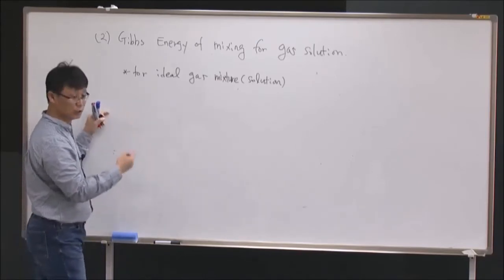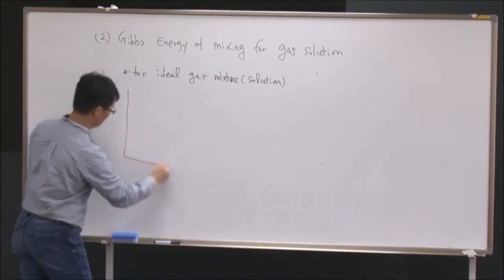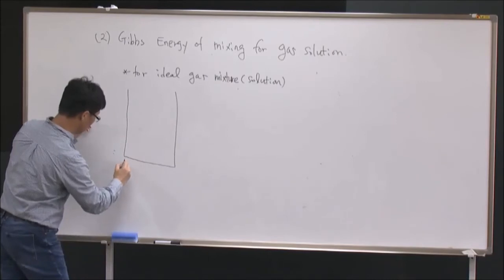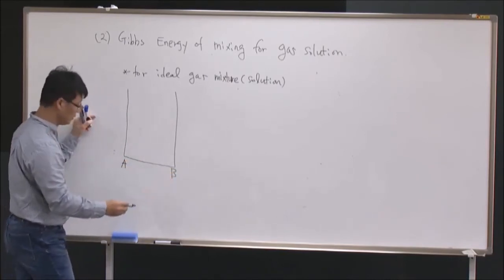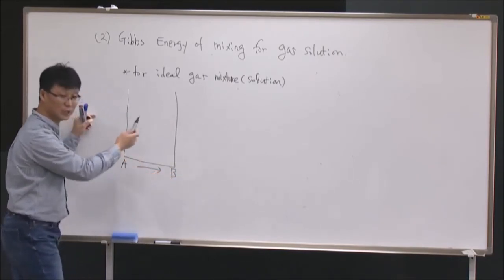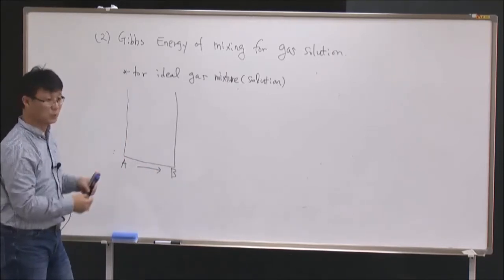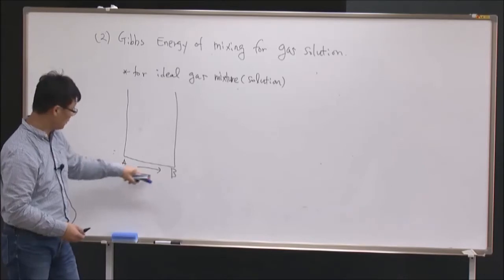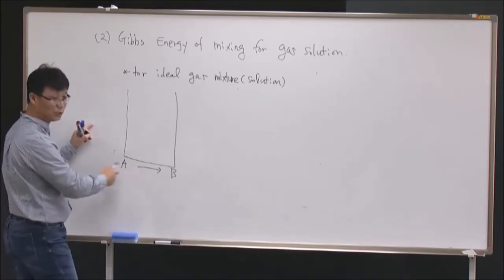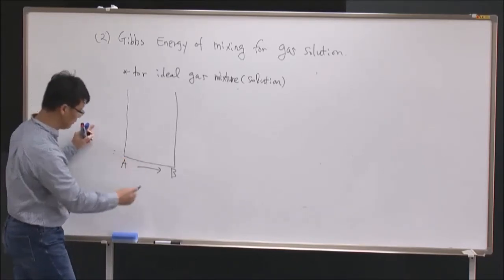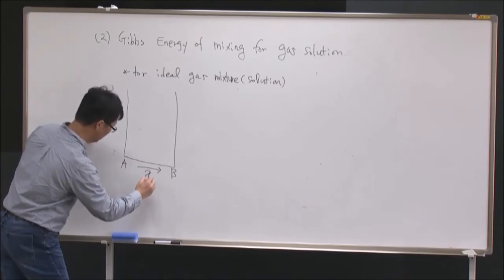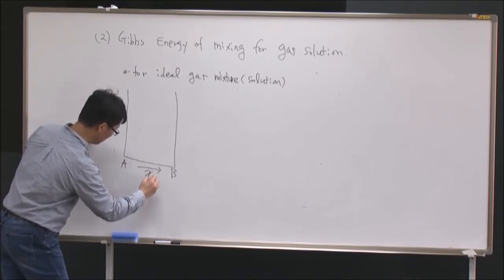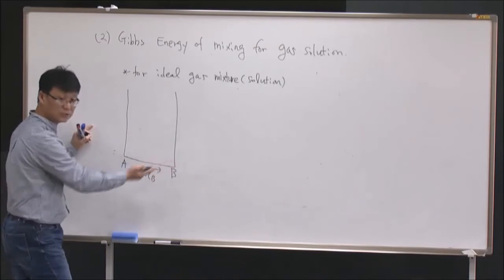For the ideal gas solution phase, let's assume this is the A phase and the B phase. Most of the time, in this kind of diagram in thermodynamics, we use mole fraction or weight percent on the x-axis. If I don't say anything specific and just say XA or XI, it means XB is increasing in this direction.